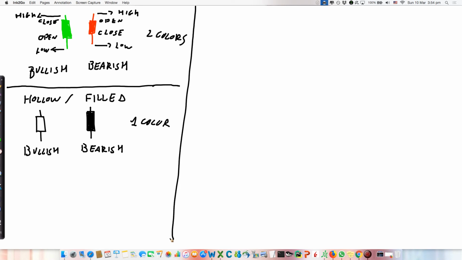The first one is when you have 2 colors, red and black, and also you have fill and hollow. So in other words, you may have 4 types of candles. You may have a candle like that, then you may have a candle like that, and you can have the same in red.